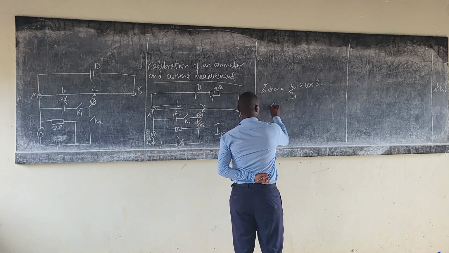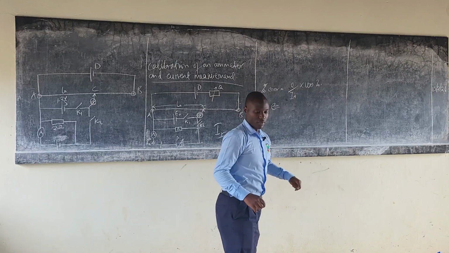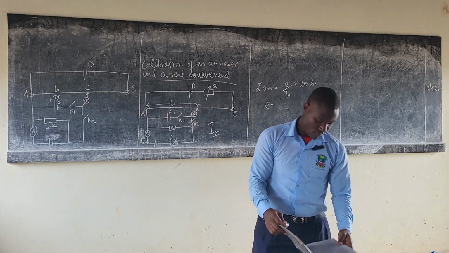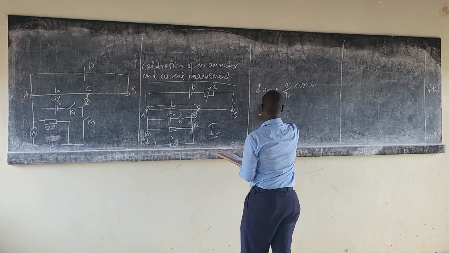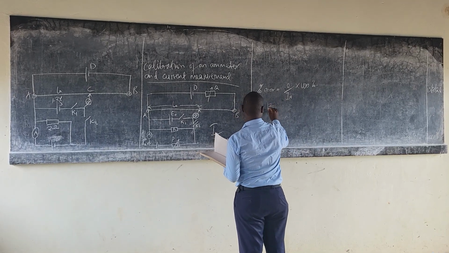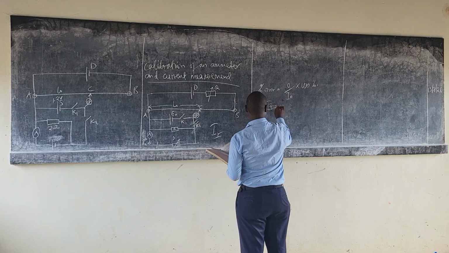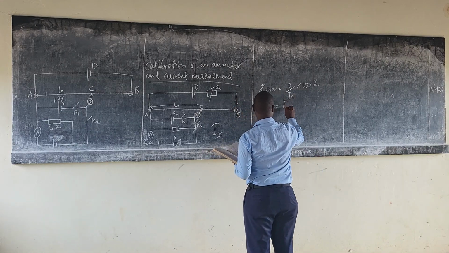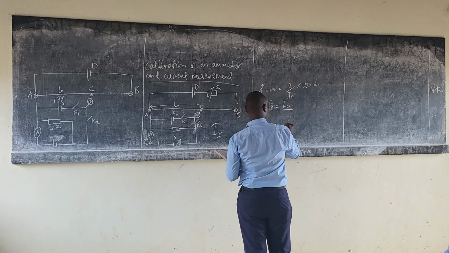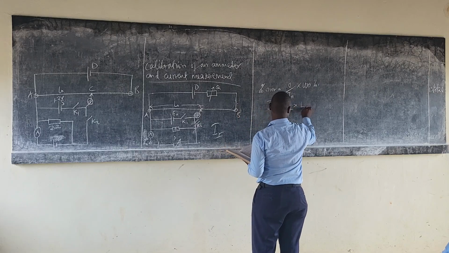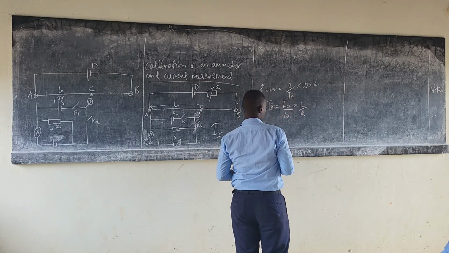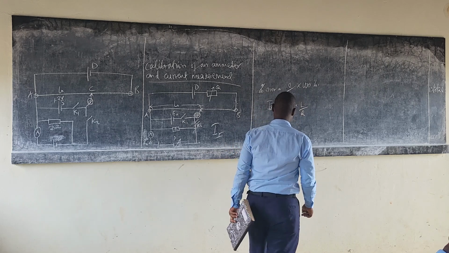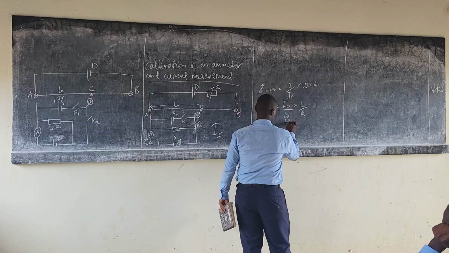Yeah. So now we are going to find E first. Finding IA, it is equal to E naught over L naught times L over R. What is our E naught? 1.2 volts.